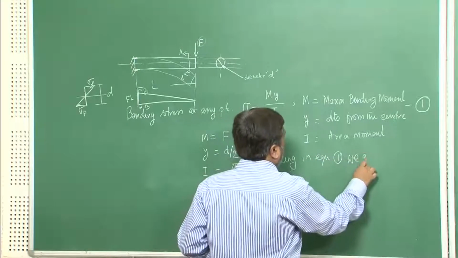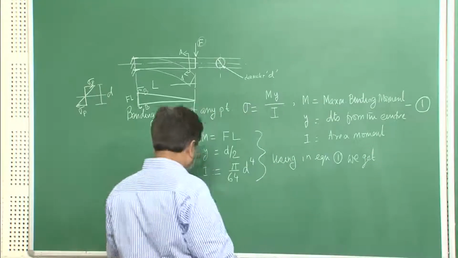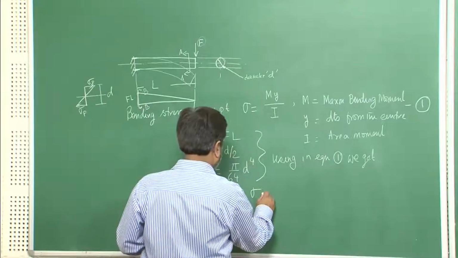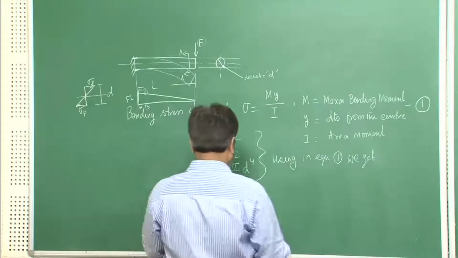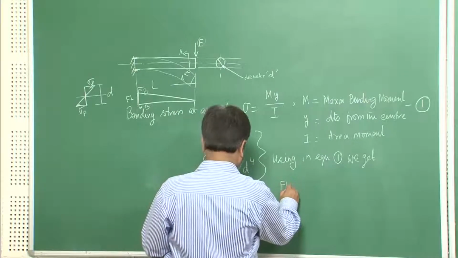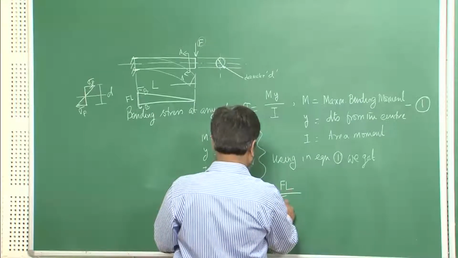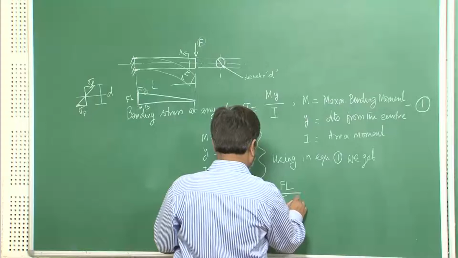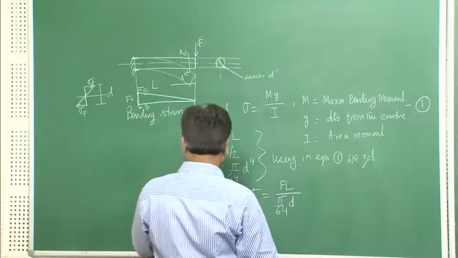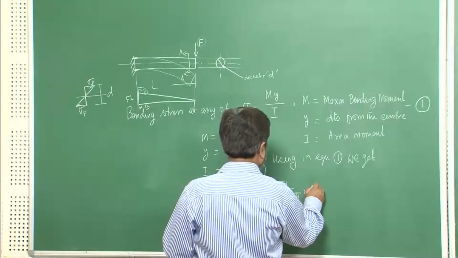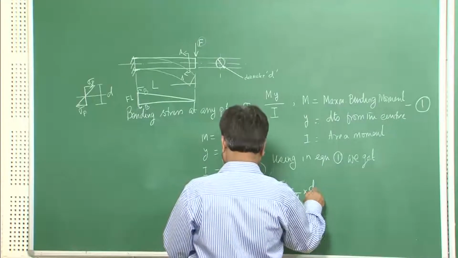we get the new relationship as a function of d: sigma equals FL over pi by 64 d to the power 4, times d by 2.